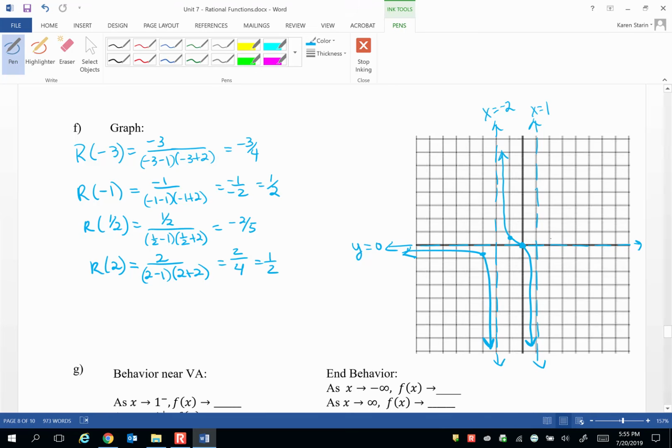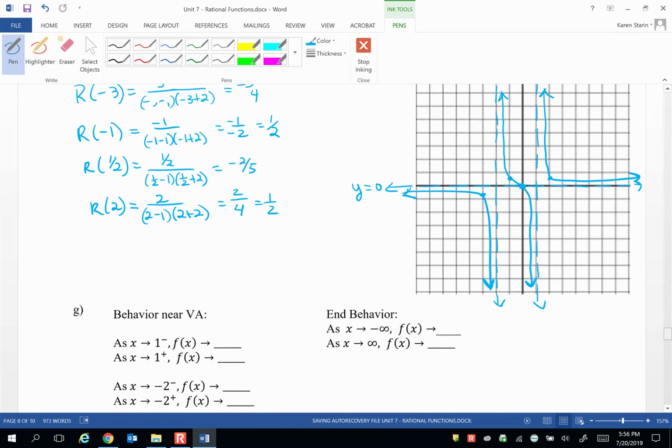So at 2, 1/2, I know I'm above the horizontal asymptote, so this branch will be confined between the vertical asymptote x equals 1 and the horizontal asymptote y equals 0 and above that, so it looks something like that. And again, that's just a basic and rough sketch of the whole function.